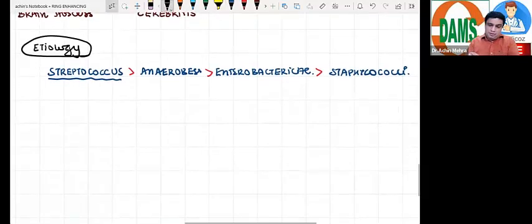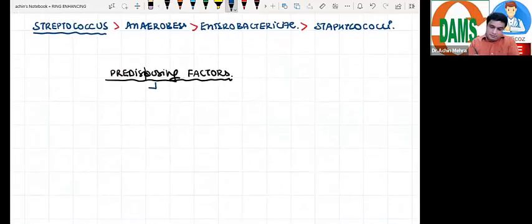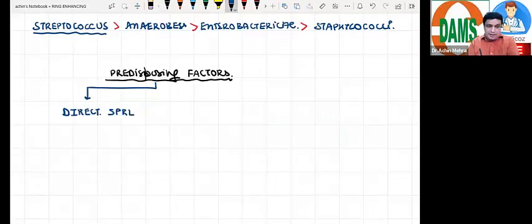Okay. Now, what are the predisposing factors for it? Very important. Regarding the predisposing factors, one, it could be a direct spread that I might come across. From where?